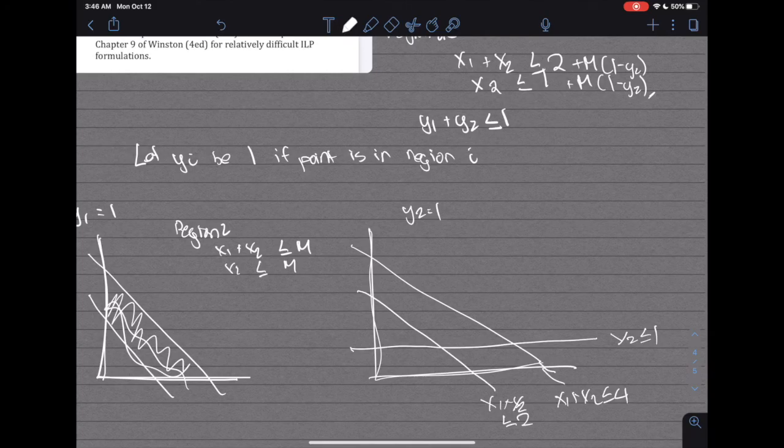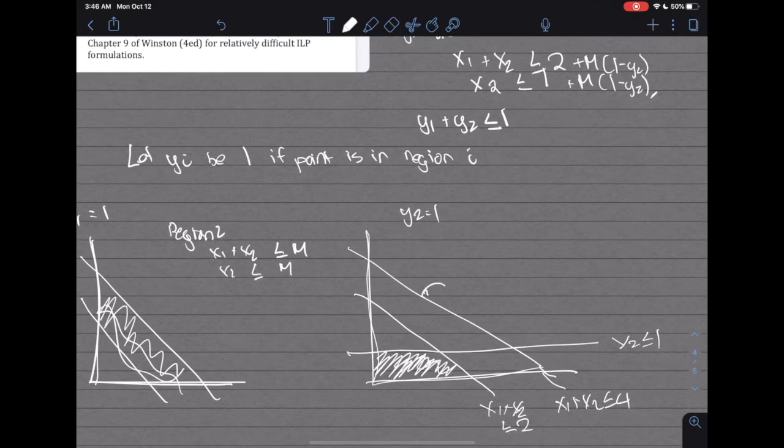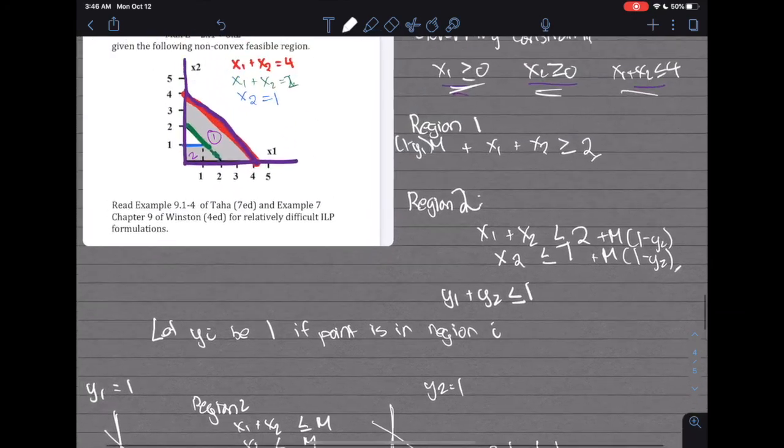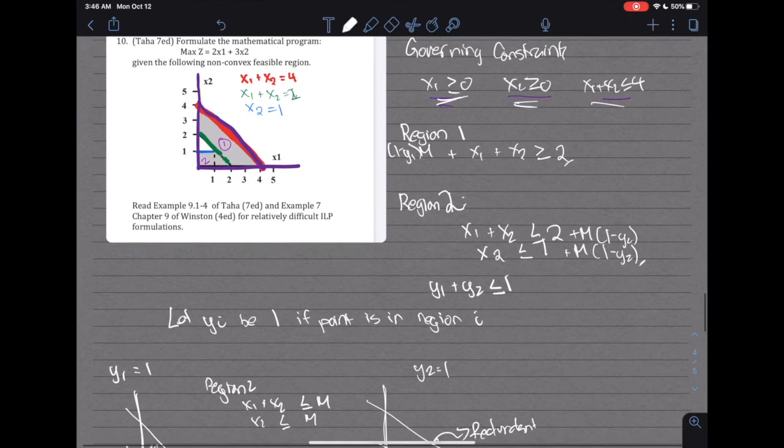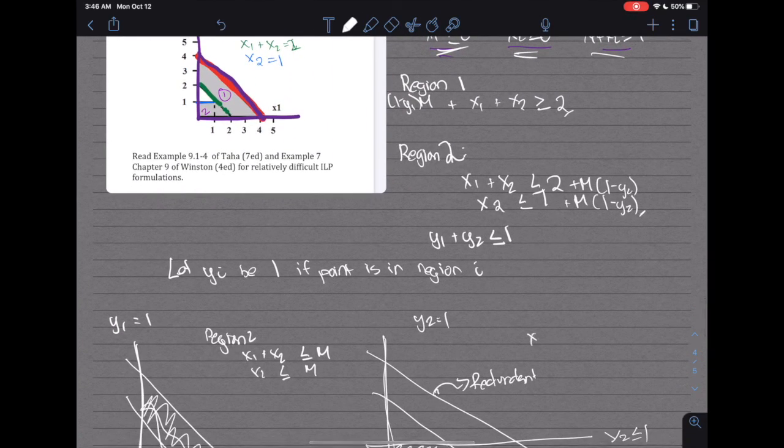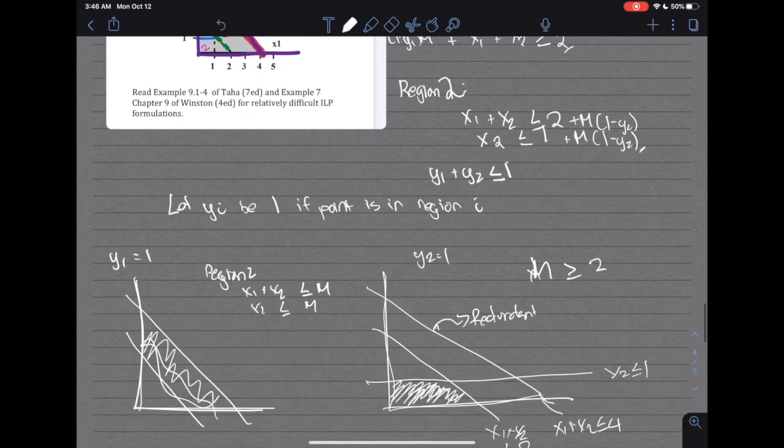So you are left with this feasible region. This constraint becomes redundant, and your region 1 constraint is now x1 plus x2 is greater than or equal to 2 minus a big number, which is a fact already, and this also becomes redundant.